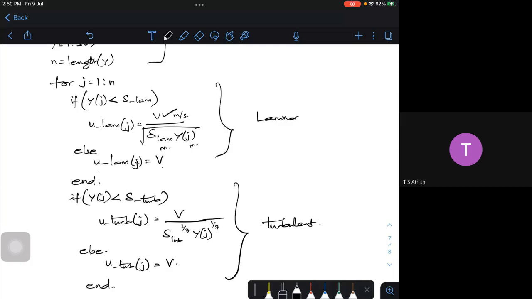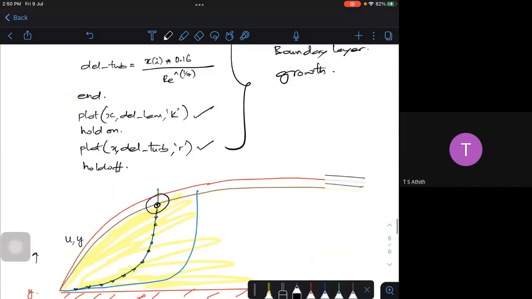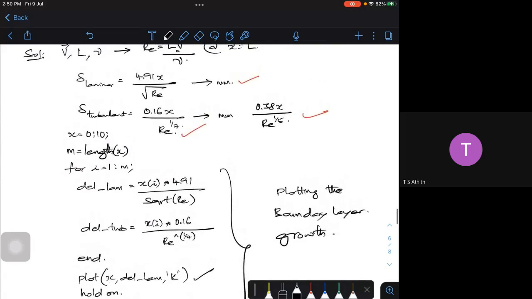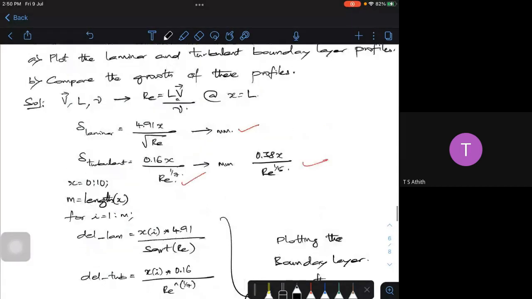Something is missing here. I want to substitute this point only, equal to this equation. Re is equal to rho into L, the critical length. So Re I will substitute as L V by rho.